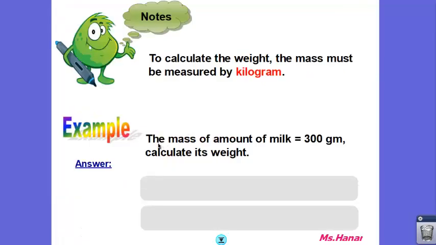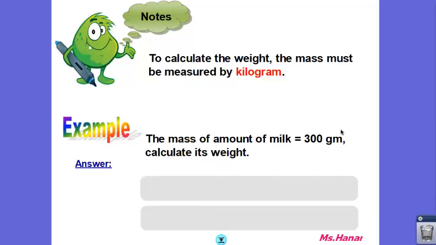The last example about this point. The mass of an amount of milk equals 300 grams. Calculate its weight. Think with me how to solve this problem. The mass equals 300 grams, not kilograms.